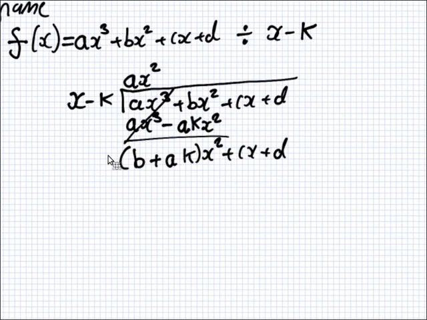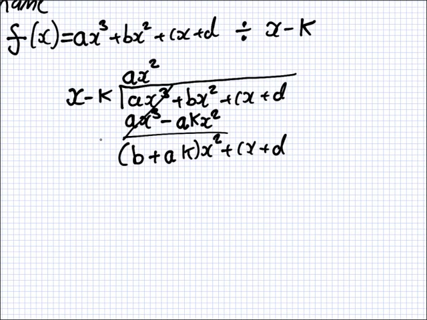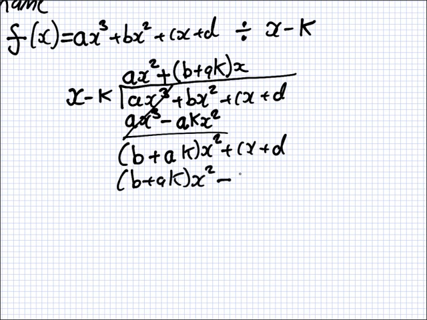Okay. Right, now it's getting a little bit trickier. What's the next multiplication here? Who can see what it is? b plus ak x. And then we multiply. So that's b plus ak x squared minus, and then this guy multiplies the k.